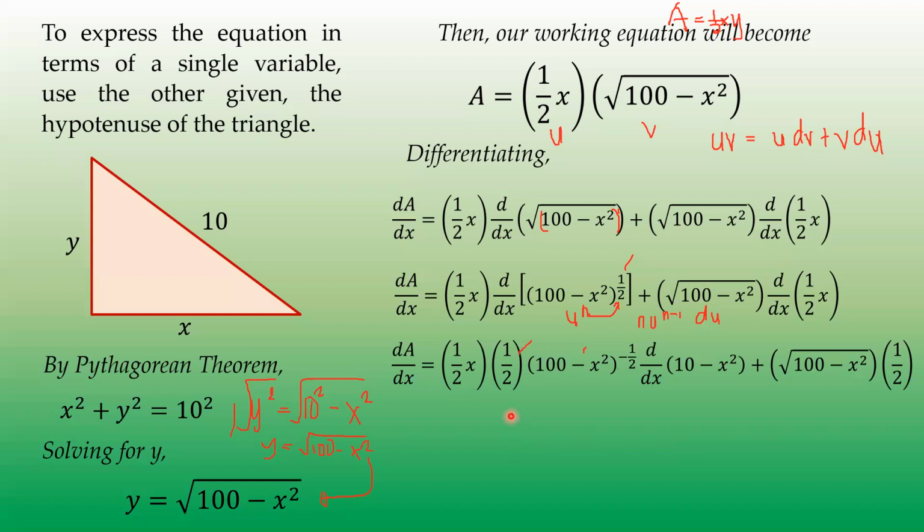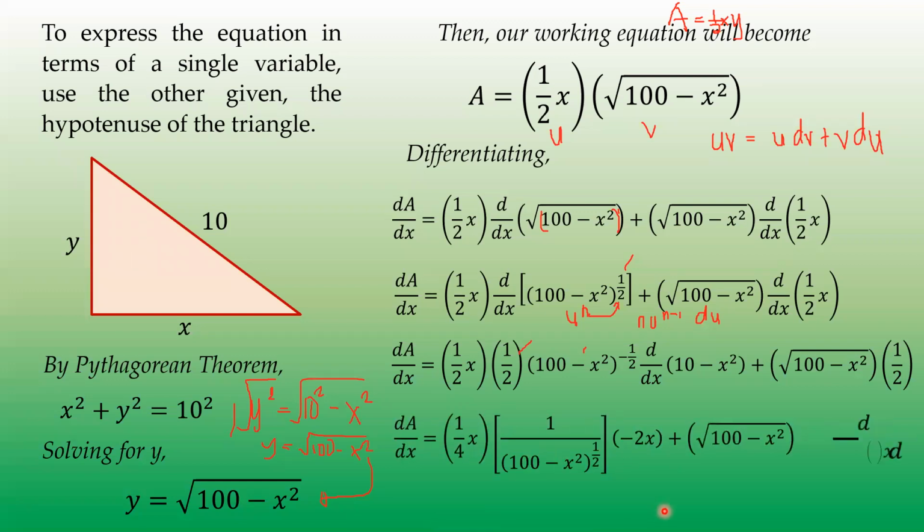Tuloy natin. Okay, now simplifying. So 1/2 x times 1/2, 1 times 1 is 1, 2 times 2 is 4. So meron tayong 1/4 x. Ngayon, itong negative exponent, pwede mo yung gawing positive, gawin mo reciprocal.